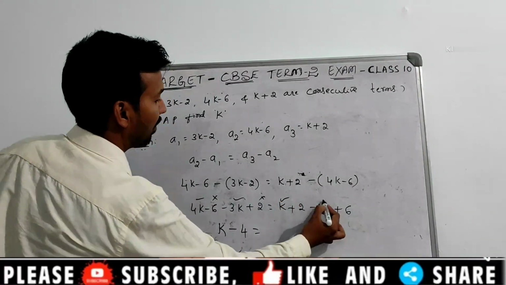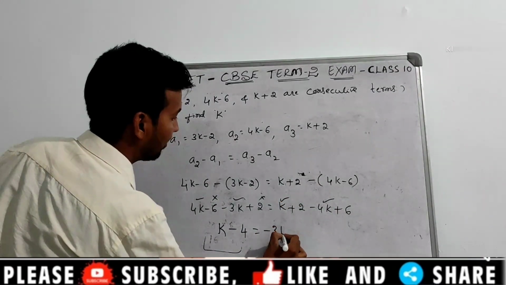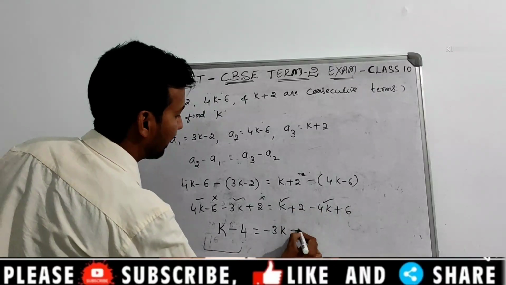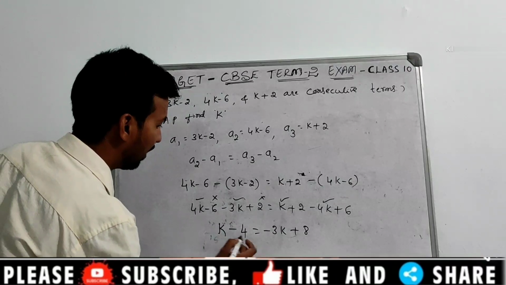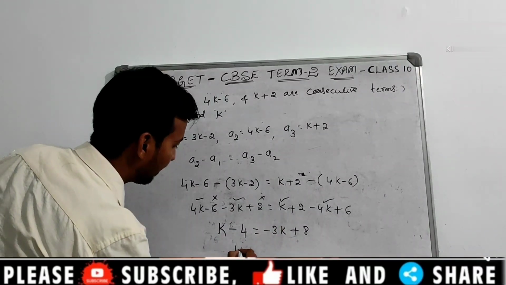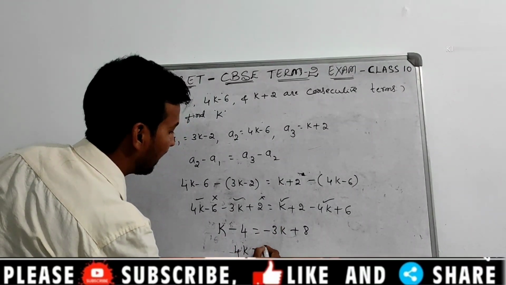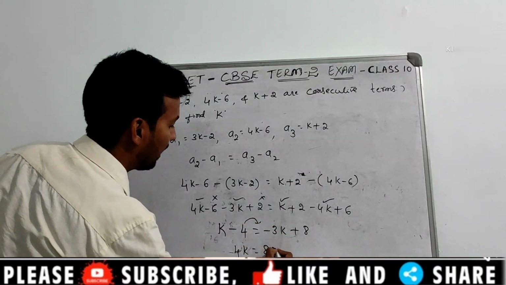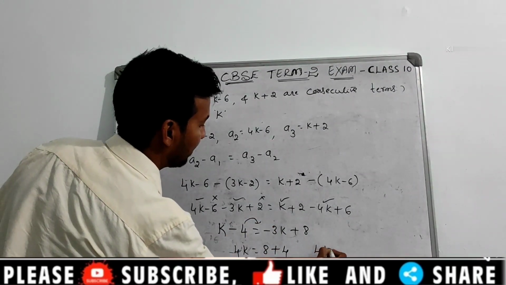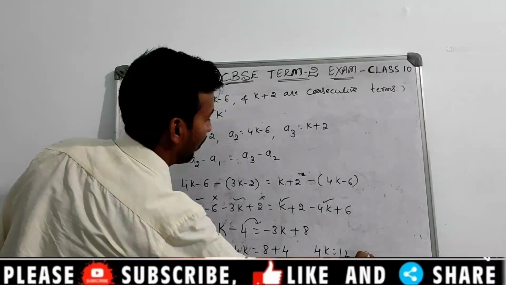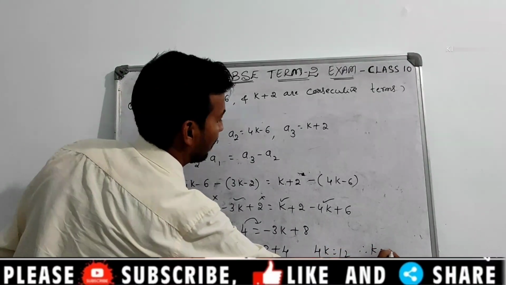Here again k minus 4k, we get minus 3k, plus 2 plus 6, we get 8, children. Here minus 3k taken to the right side becomes positive, nothing but 4k. Here 8 minus 4, 4 goes to the right side, plus 4, children. Here 4k is equal to 12. Therefore, k is equal to 3, children.